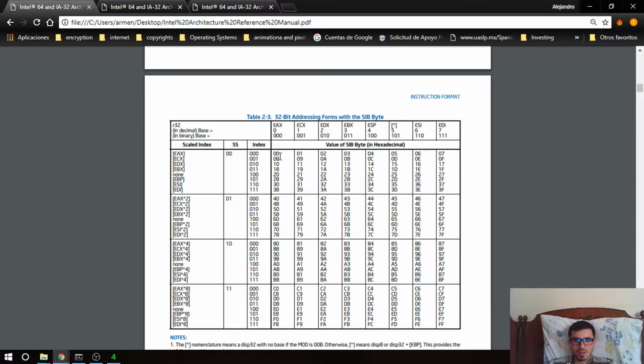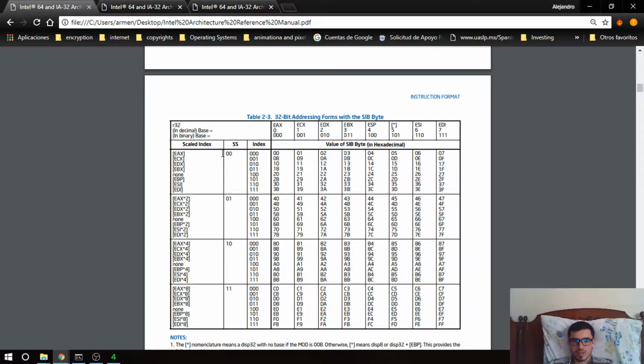Okay, so this one goes along rows in this case. Now it goes this way, and the reason is that the base is the less significant bits, the index is the one in the middle, and the scale is the most significant bits.